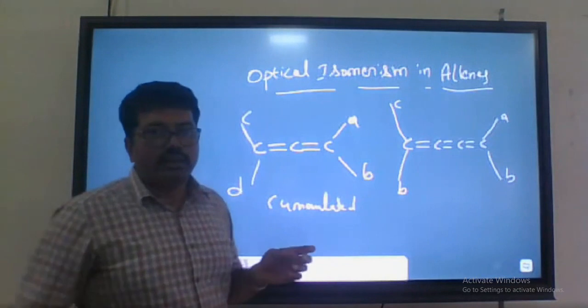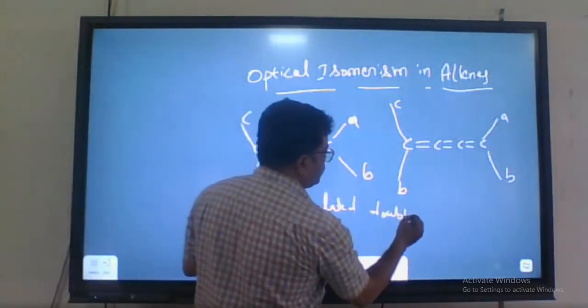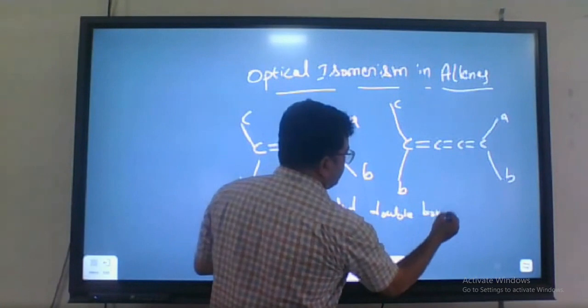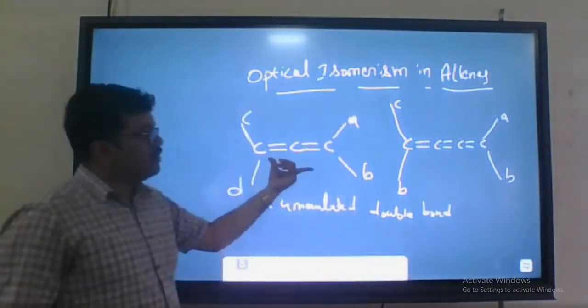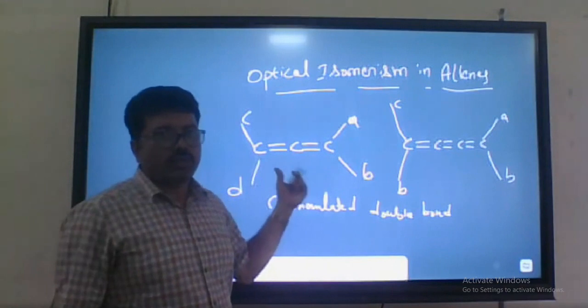These molecules with cumulated double bonds are called allenes. So allenes are compounds with two or more double bonds.